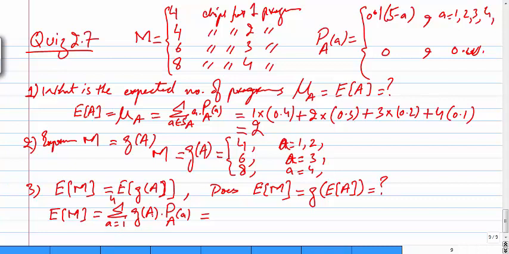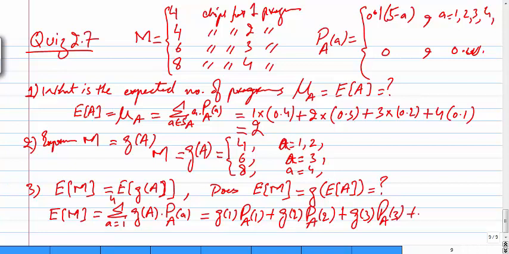Now expanding, this is g of 1 P_A of 1, plus g of 2 P_A of 2, plus g of 3 P_A of 3, and plus g of 4 P_A of 4.